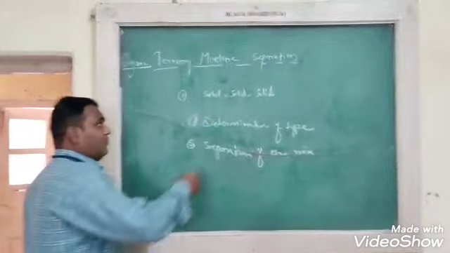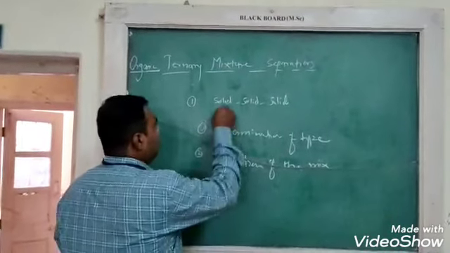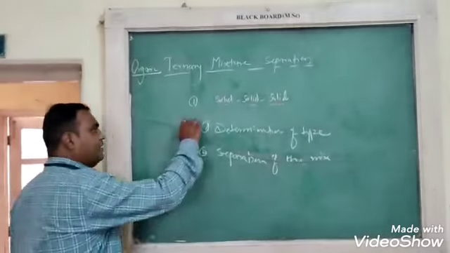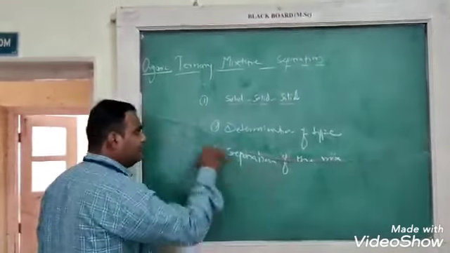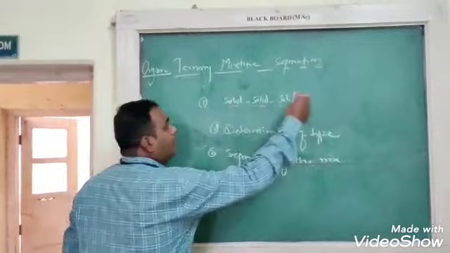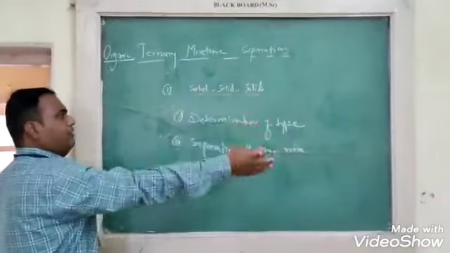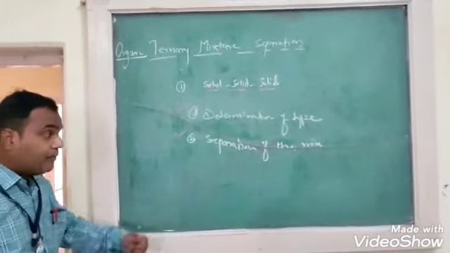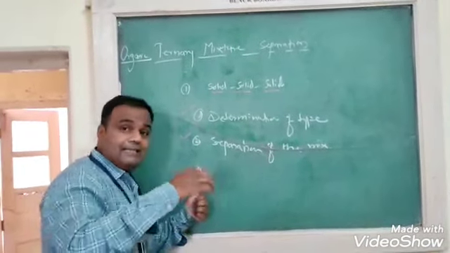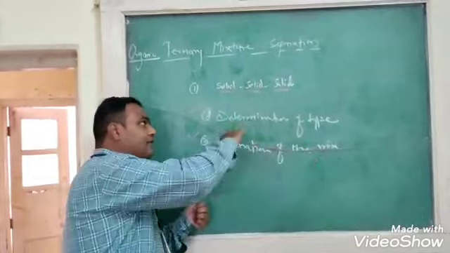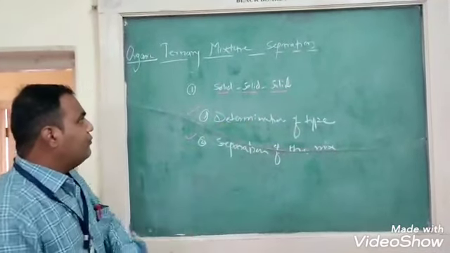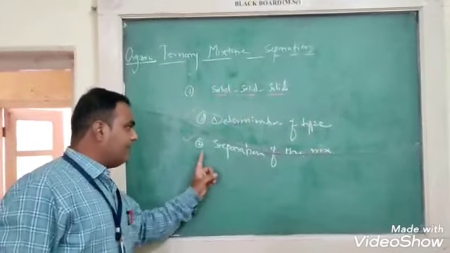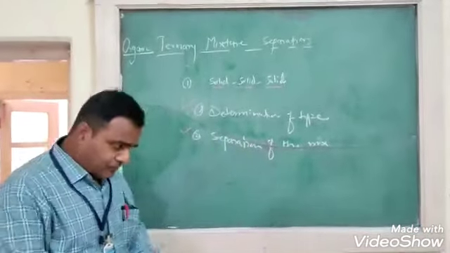So for the solid nature of a ternary mixture, we first determine the type, then the separation. In the case of other natures, solid-liquid, or solid-liquid-liquid, or liquid, we have to first separate that mixture and then determine the type.